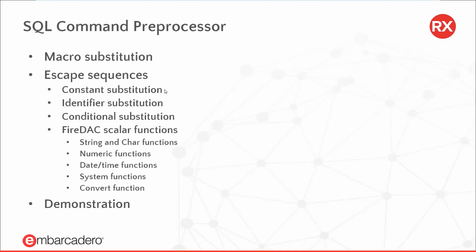So a date, if you have 2 different databases that represent dates slightly differently, you could specify a literal value in your query using constant substitution, and FireDAC will format it correctly.